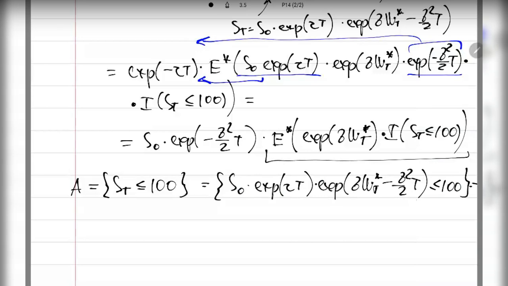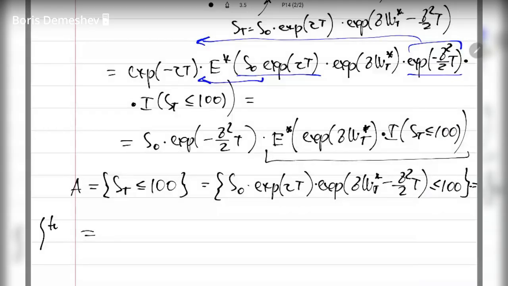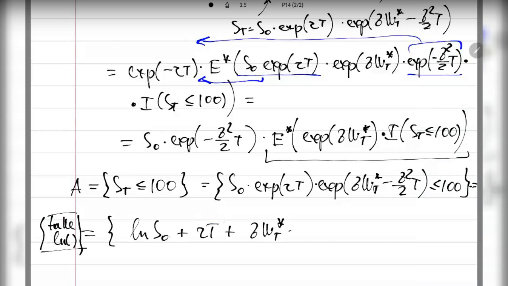I take the logarithm of both sides of the inequality. I will have logarithm as 0 plus RT plus sigma WT star minus sigma squared over 2 times T is less than log of 100.